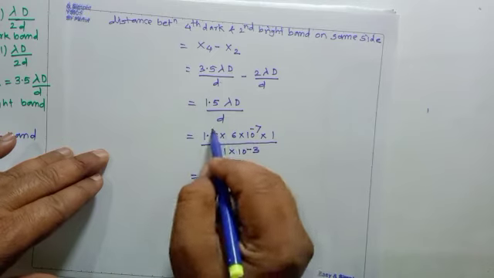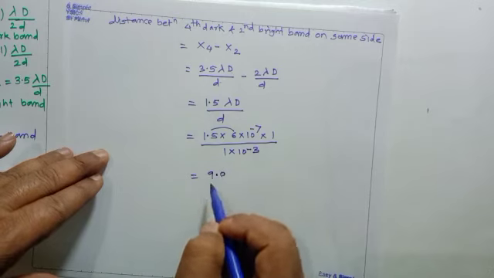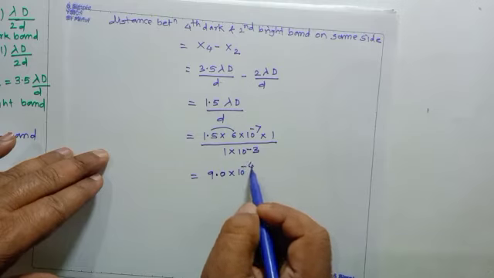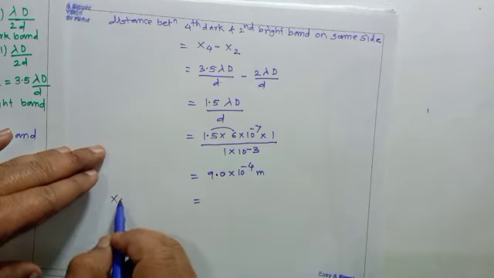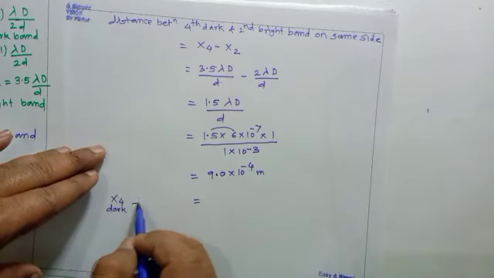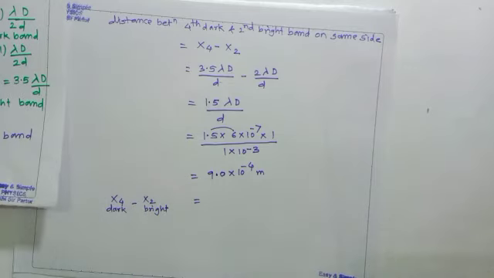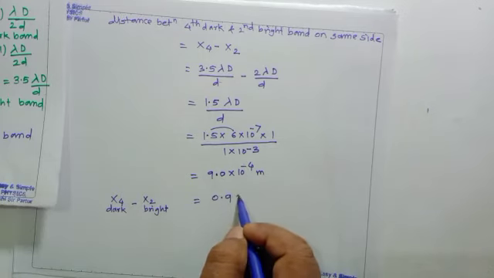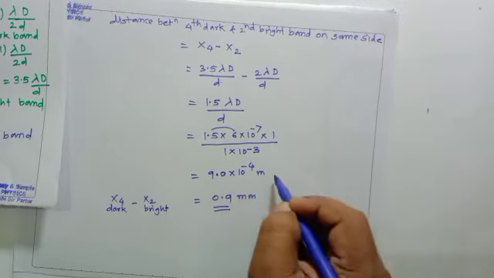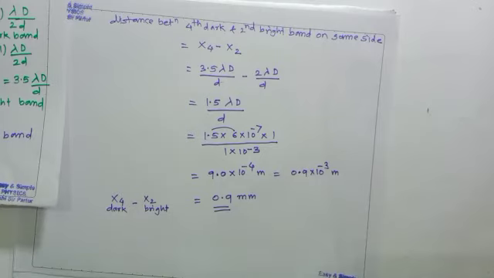So here if we multiply 15 into 6 is 90, it will be 9.0 into 10 to the power minus 4 meter, and so the distance between fourth dark band and second bright band on same side of central bright band will be 0.9 millimeter, or 0.9 into 10 to the power minus 3 meter. This is the answer for given question.